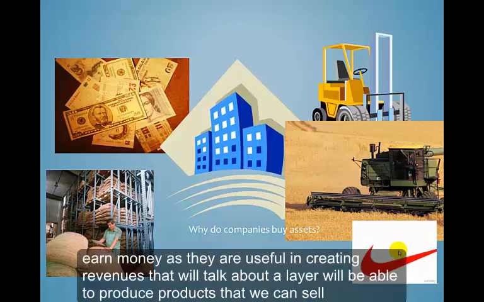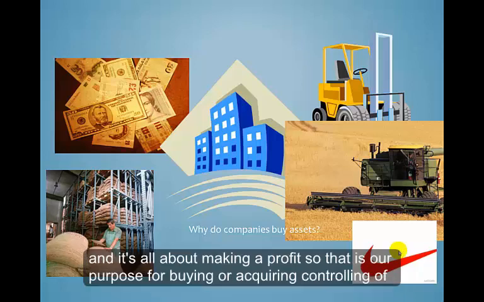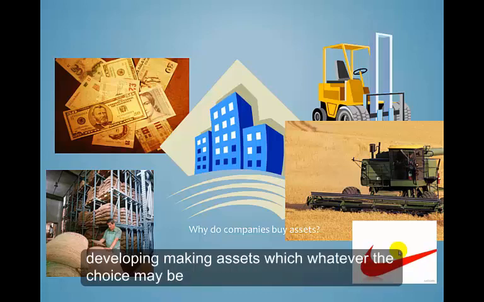They are useful in creating revenues that we'll talk about a little later, being able to produce products that we can sell. It's all about making a profit. So that is our purpose for buying or acquiring, controlling, developing, and making assets, whatever the choice may be.